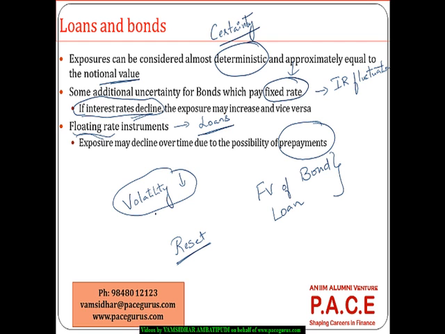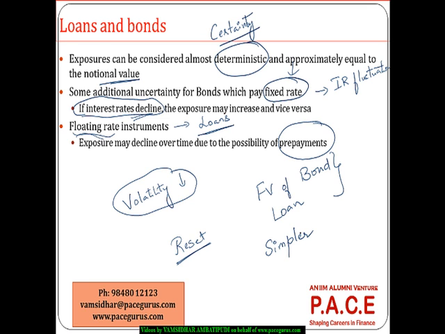But there the uncertainty is more about the prepayment, because the prepayment feature is enabled with many loans. So wherever the prepayment is possible, that uncertainty will get added up to the exposure. So in a simple way to understand, for instruments like loans and bonds, the exposure computation is fairly simpler.